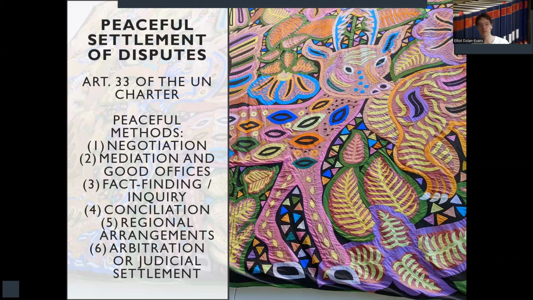They are included under Article 33 to provide member states with the option to apply the other means which have been mentioned so far, like negotiation, mediation, good offices, fact-finding inquiries and so forth at a regional setting.